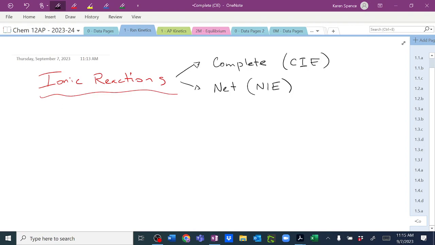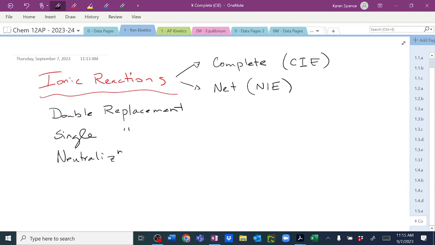We can do these for double replacement. See if you can remind yourself in your head what a double replacement looks like. We can do it for a single replacement. We can do it for neutralization.